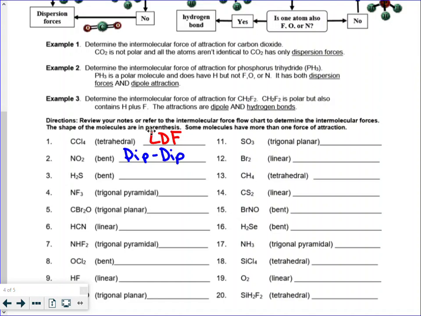Okay? How about, oh, this one's a good one, HCN. Let's think about this. It's linear. That's number 6 here. Let's look at number 6. It's linear. Are the ligands the same? No, so it's automatically polar. Now, it's polar, but look at the configuration. Do you have H-FON there?